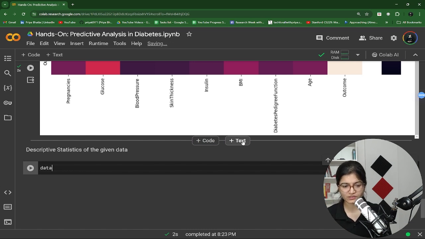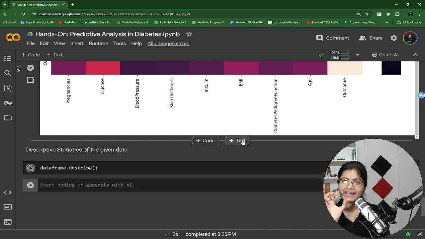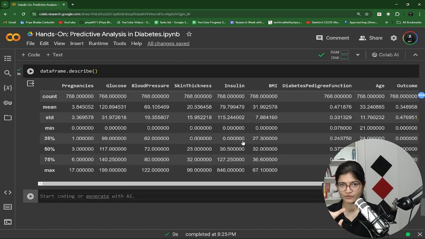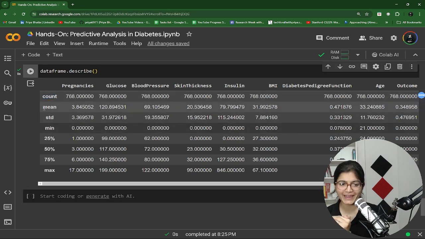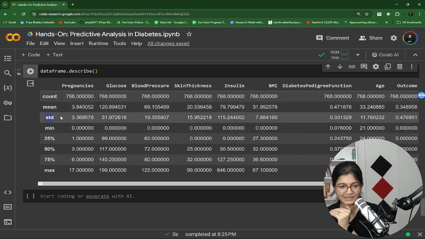What you have to do is just mention the data frame dot describe function, and this function will help you understand the complete description of the given data, where you can see a count, a mean, a standard deviation, minimum, maximum, and all the quartiles that we have, Q1, Q2, and Q3.